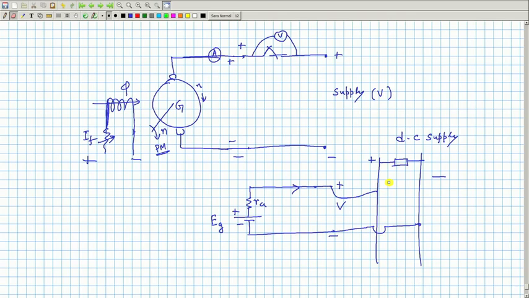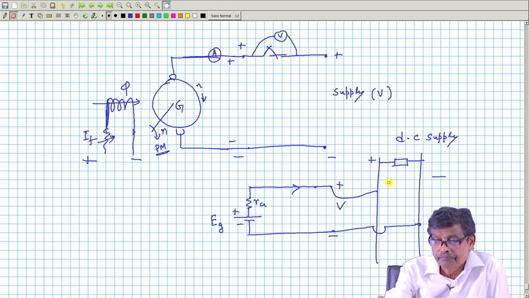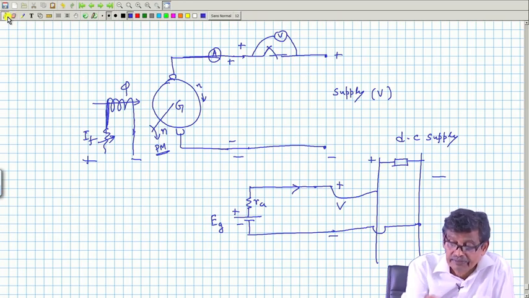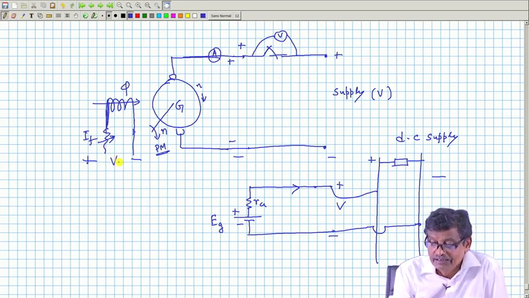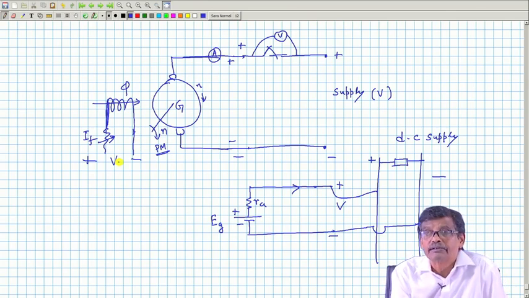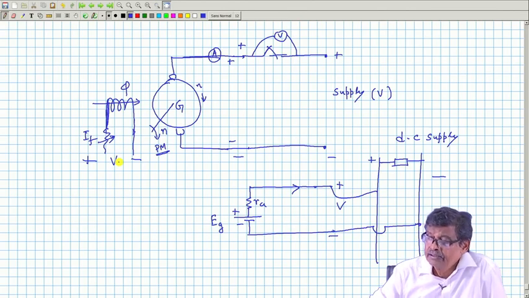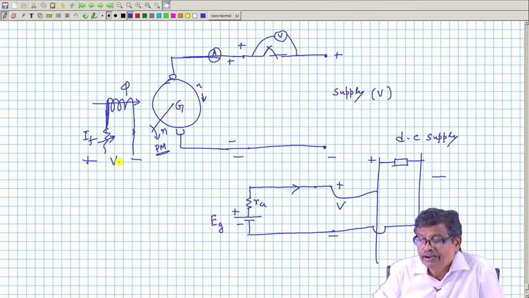What will happen if this prime mover is disconnected? It is connected in parallel, separately excited, field is supplied. Suppose, because of some reason, prime mover means some other engine that is driving the generator, the prime mover is detached, then what is going to happen?